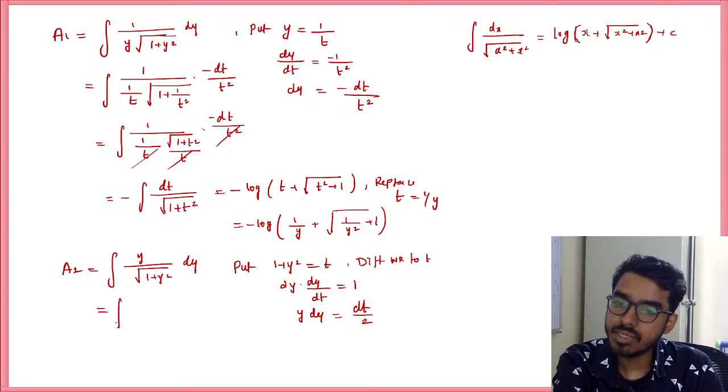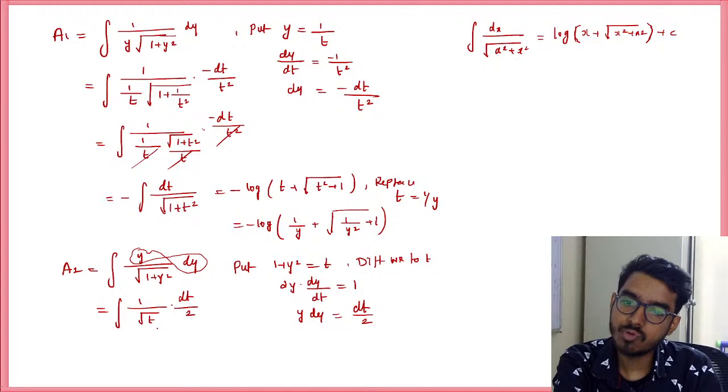So this will be 1 divided by root of t, and y dy is dt by 2. This will be 1 by 2 integration of t power minus 1 by 2 dt.